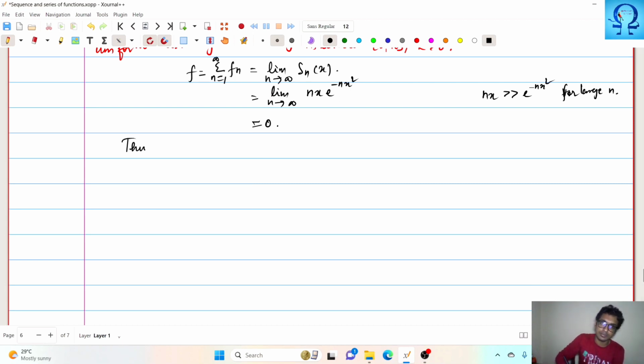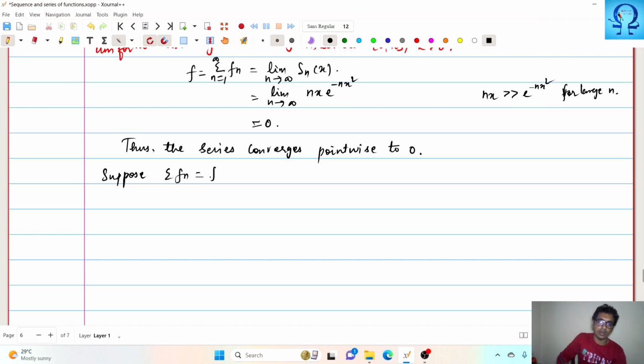Thus the series converges pointwise to 0. Now suppose summation fn equals f uniformly, that is, this convergence is uniform. This is what we assume on 0 comma k.